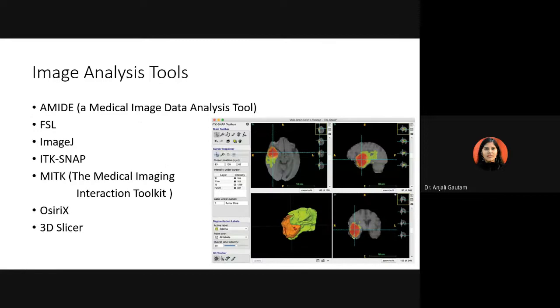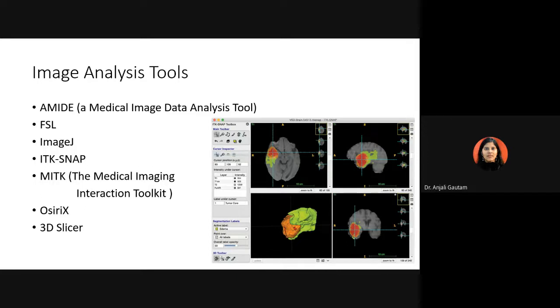These are some of the image analysis tools which are available, and currently doctors are using these tools. The first is AMIDE, a medical image data analysis tool. Next is FSL, which is just for fMRI images. If you have fMRI images, then with this tool you can analyze those images. ImageJ is there.